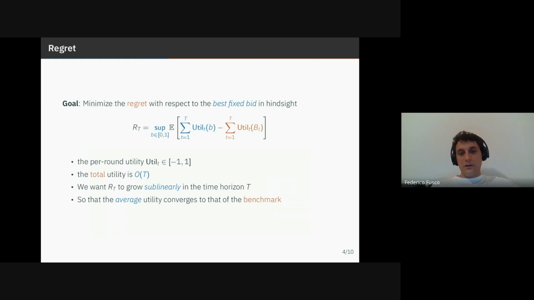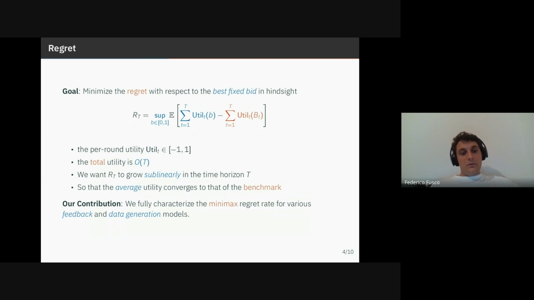Now, note, a good algorithm wants to enforce sublinear regret with respect to any possible input sequence. What we do in this paper is to fully characterize the minimax regret rate for various feedback and data generation models.